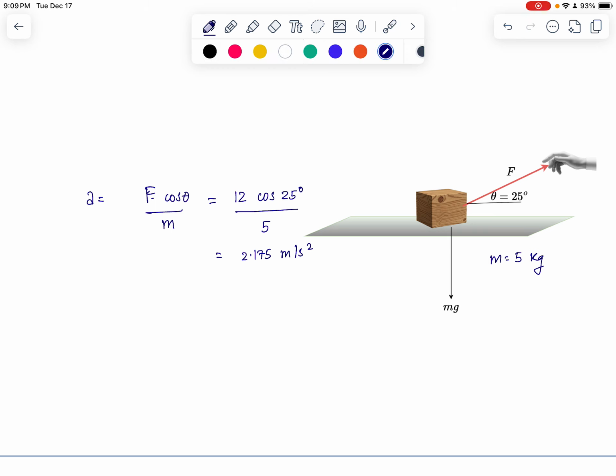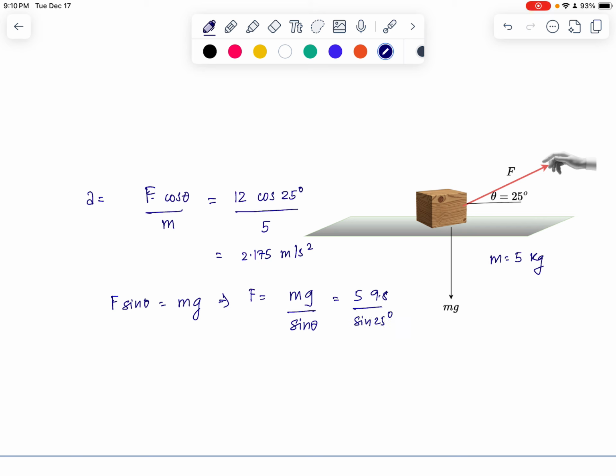When the block just lifts up from the floor, F sine theta equals mg. So F here equals m times g divided by sine theta, and that is 5 times 9.8 divided by sine of 25 degrees.